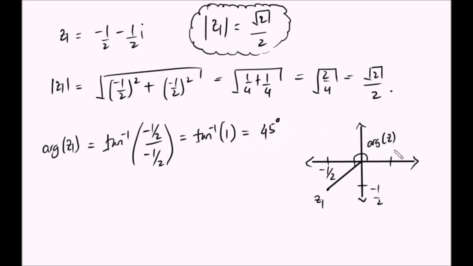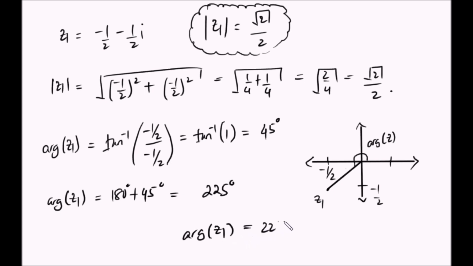But 45 degrees would have belonged in this first quadrant here. We are dealing with the third quadrant. So actually the argument of z1 is 180 plus 45, which is 225 degrees. So the argument of z1 is 225 degrees.